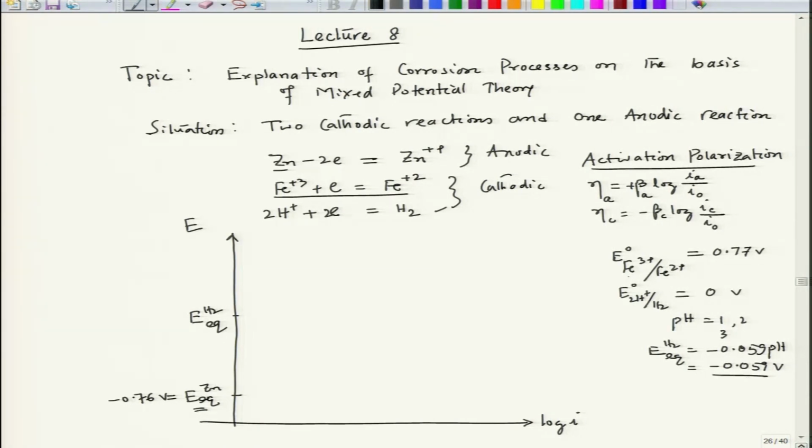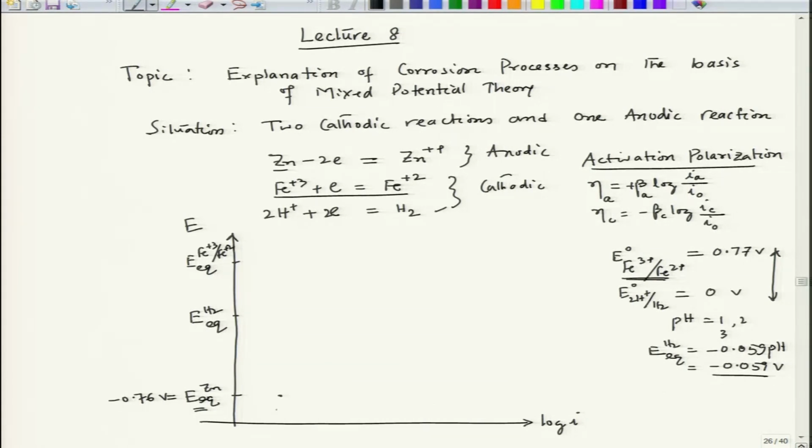Now, even if the Fe plus 3 concentration is very low, since there is a huge gap between 0 and 0.77 volt in reduction potential, the Fe plus 3, Fe plus 2 equilibrium should lie above this point. Now, we have to consider their respective I0.